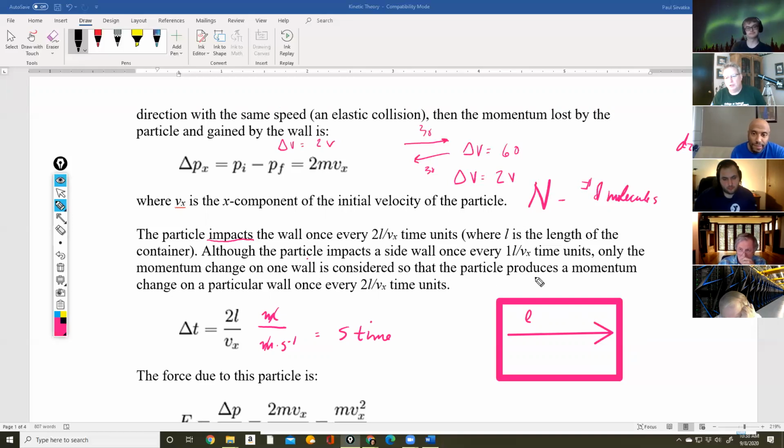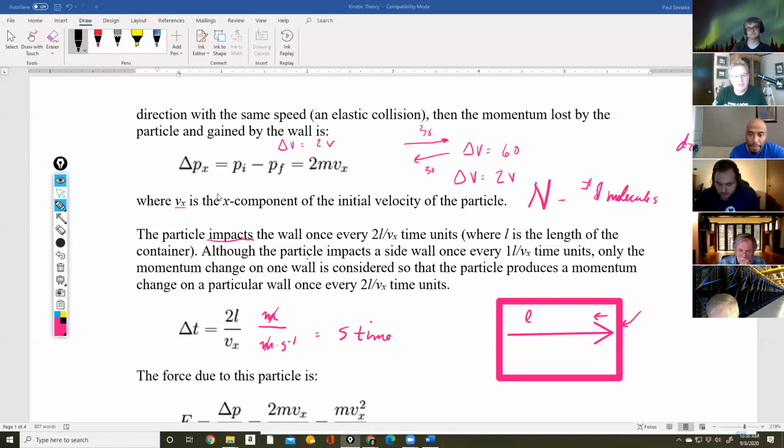So the particle produces a momentum change on a particular wall every twice that amount of time. So I'm only looking at this wall's momentum change, which is every twice the time, twice the length. Do you agree that there's a momentum change on this wall every 2L over Vx? Yes.